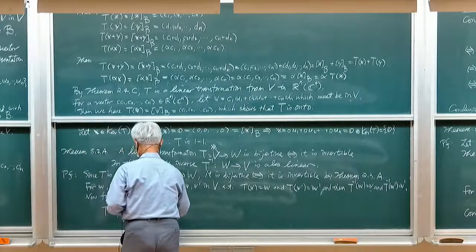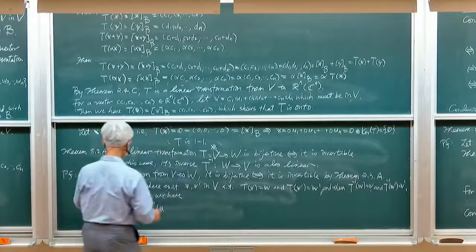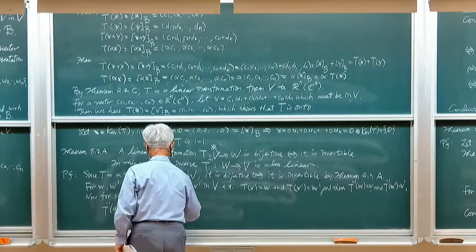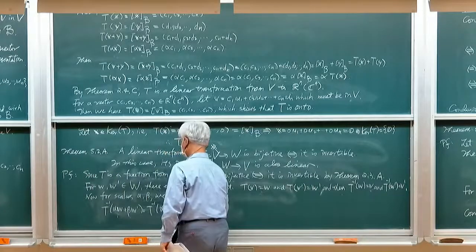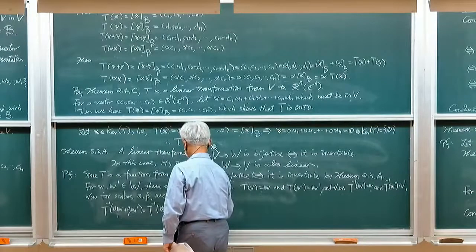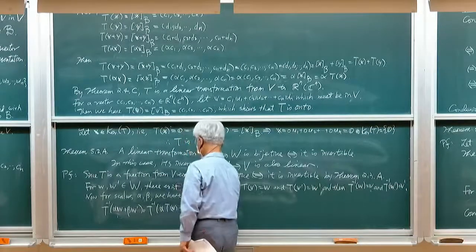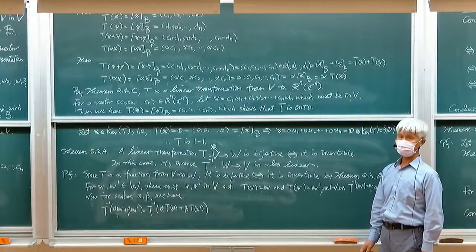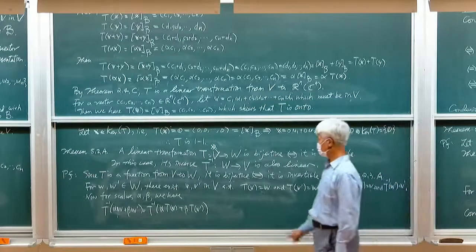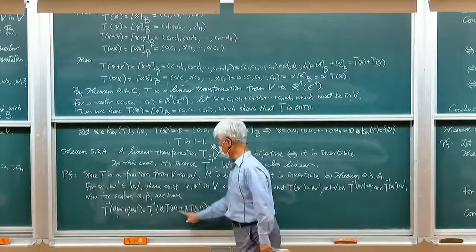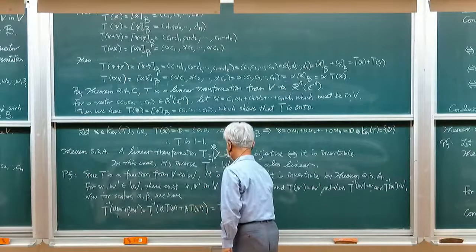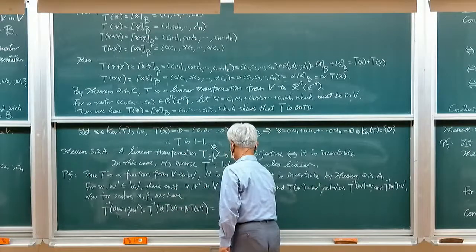Now w is T(v), and w prime is T(v prime), so we just do the substitution. And now, because T is linear, we can combine this.